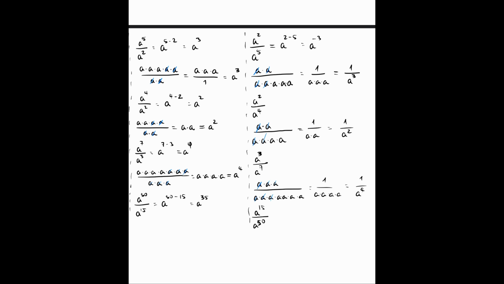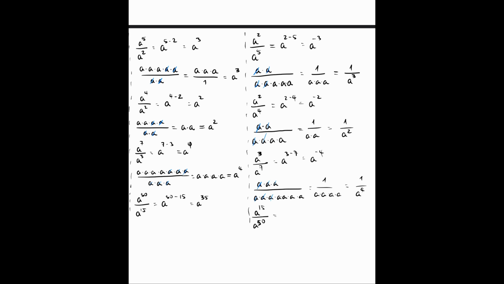Because let's look at the second example. Here again, we would have a to the power of 2 minus 4, which is a negative exponent. Here, a to the 3 minus 7, that's a to the power of negative 4.